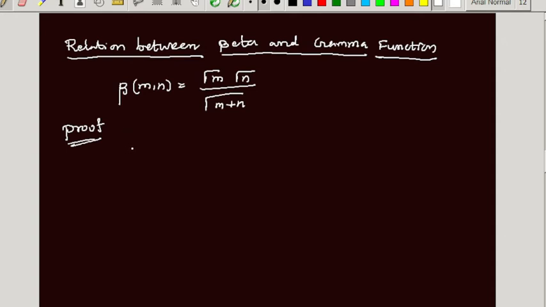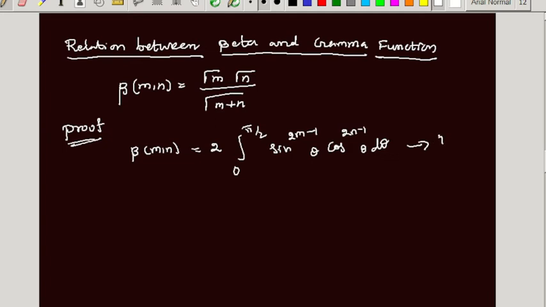So here we write the alternative formula of beta of m comma n, which is nothing but twice integration 0 to pi by 2 sin power 2m minus 1 theta into cos power 2n minus 1 theta d theta.